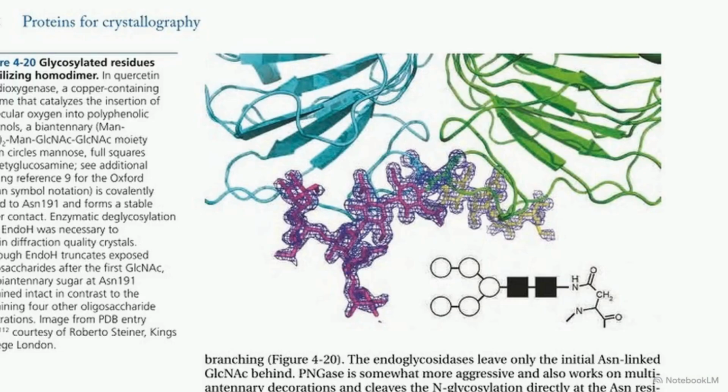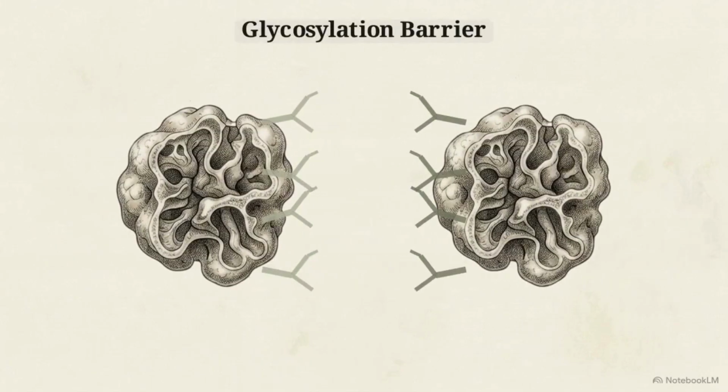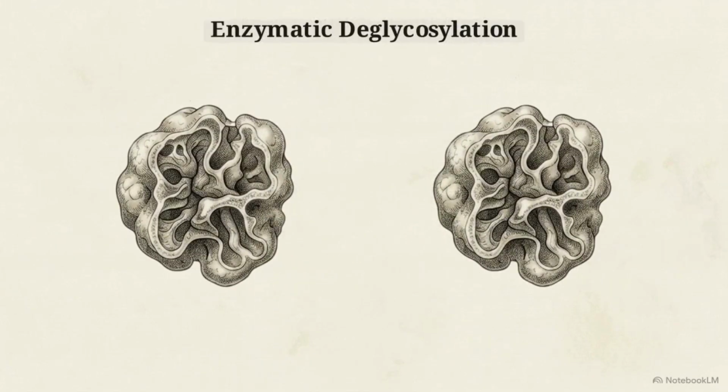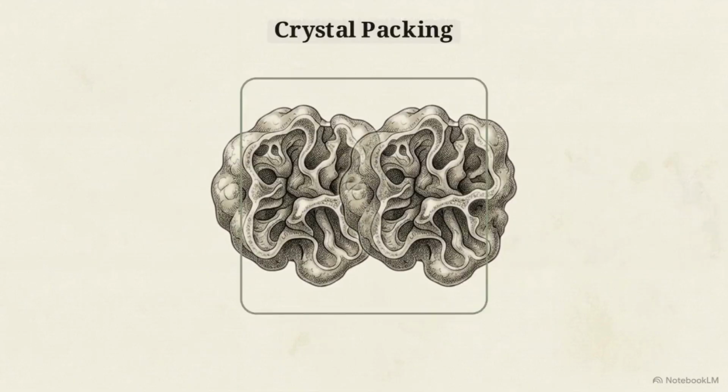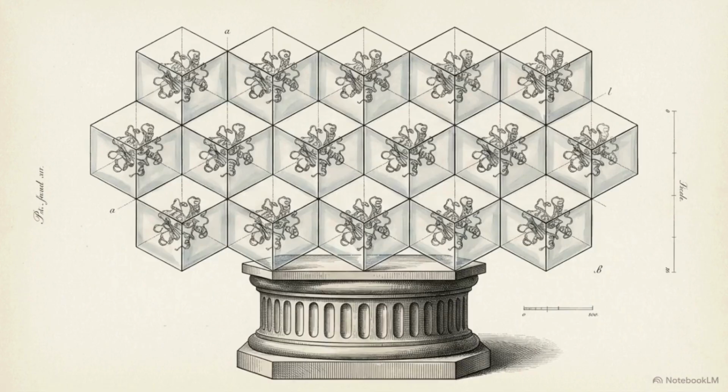As we see in this model, eukaryotic proteins often emerge coated in messy, uneven sugar branches. These bulky sugars act like bumpers, keeping the proteins from packing tightly together. Researchers apply specific enzymes to shave these sugars off. A successfully crystallized molecule is rarely in its natural state. It is a heavily sculpted, hyper-rigid artifact, engineered purely for perfect geometry.